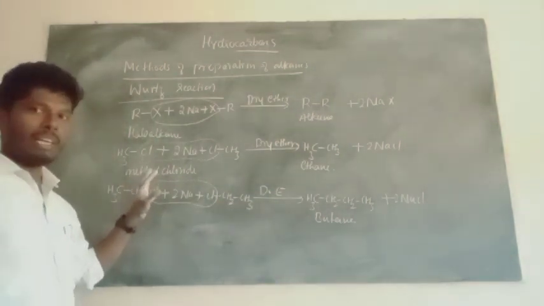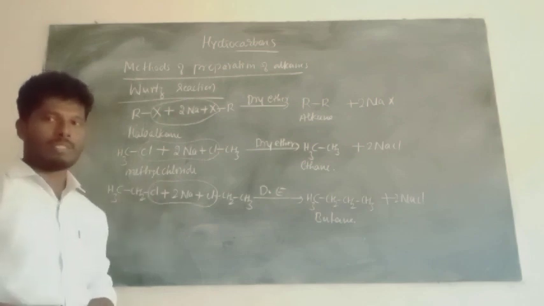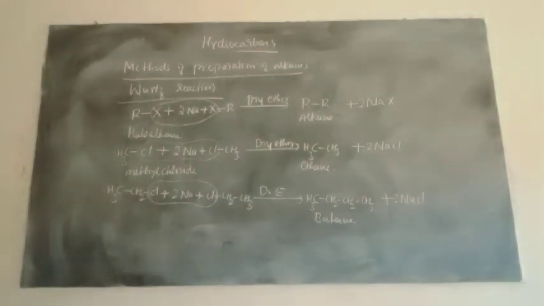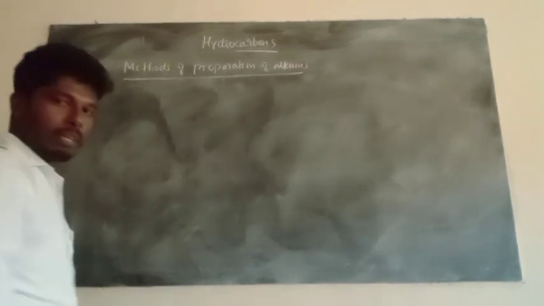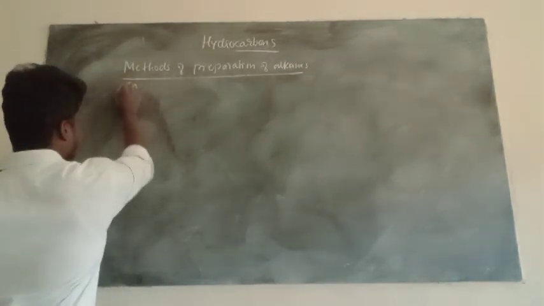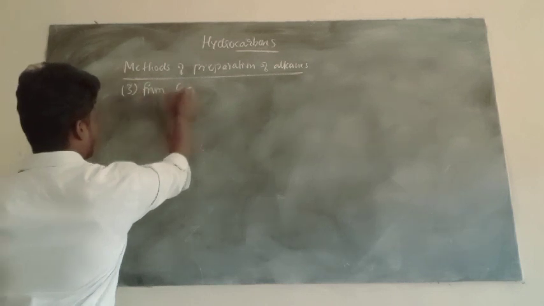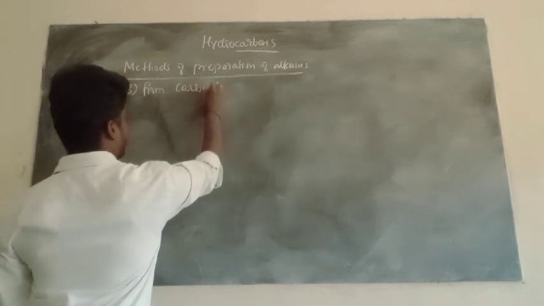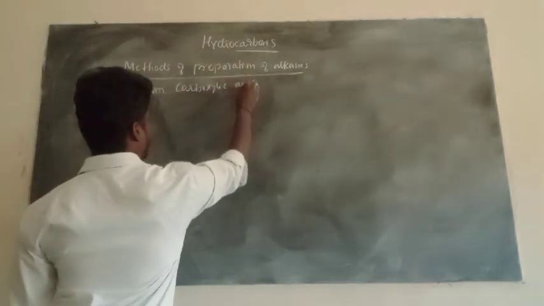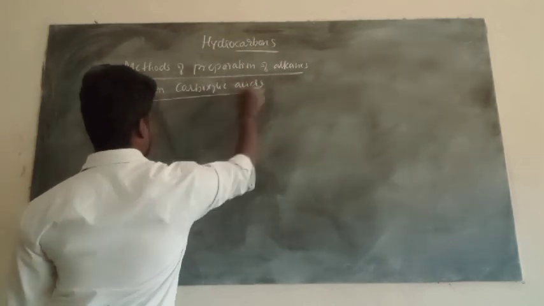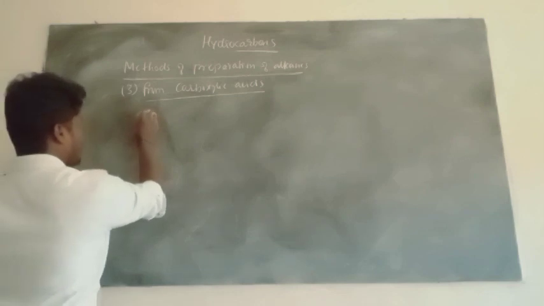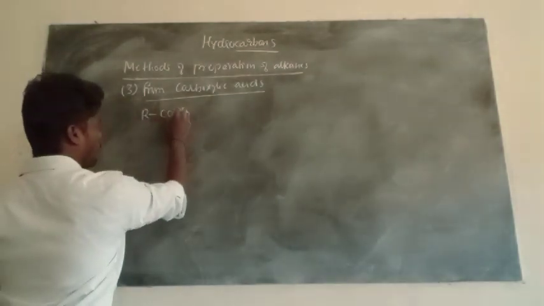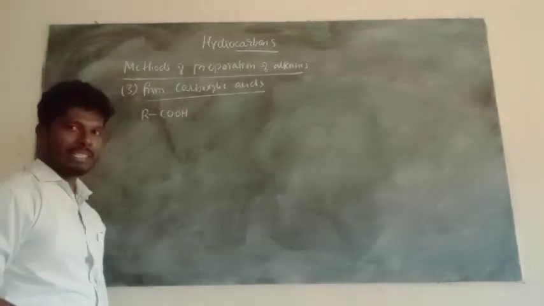Similarly, take the third method from carboxylic acids. Now take the third method from carboxylic acids. Okay, so now you know the general formula, R-COOH is the carboxylic acid, isn't it?